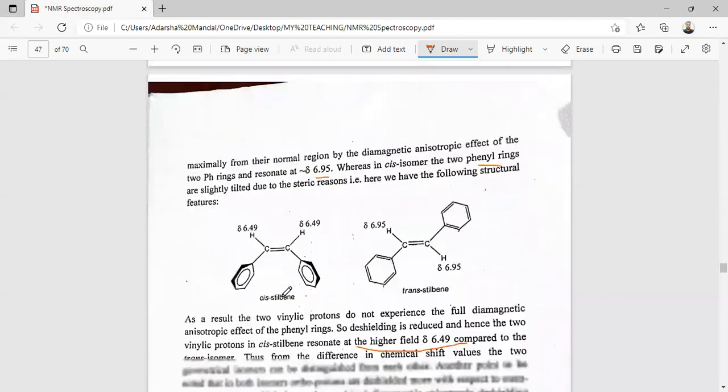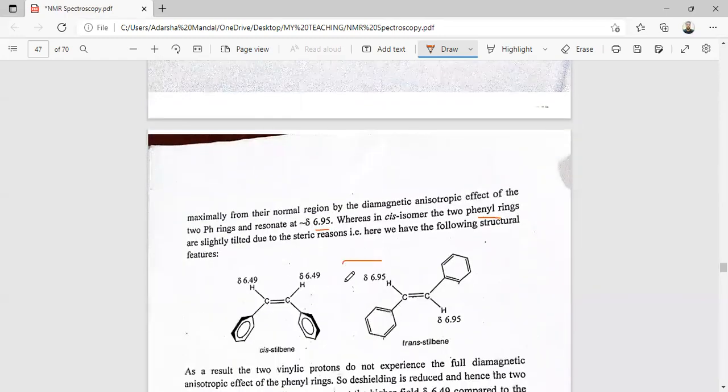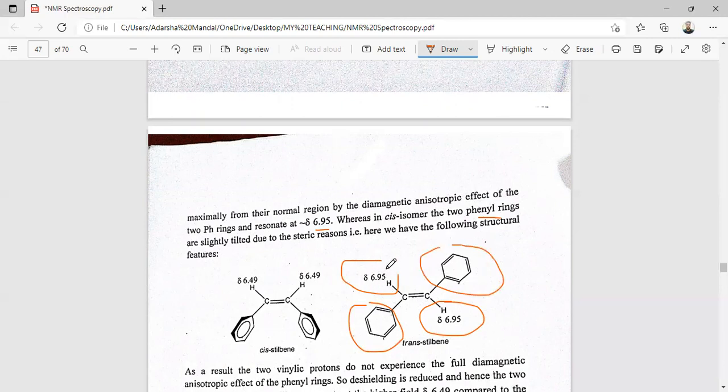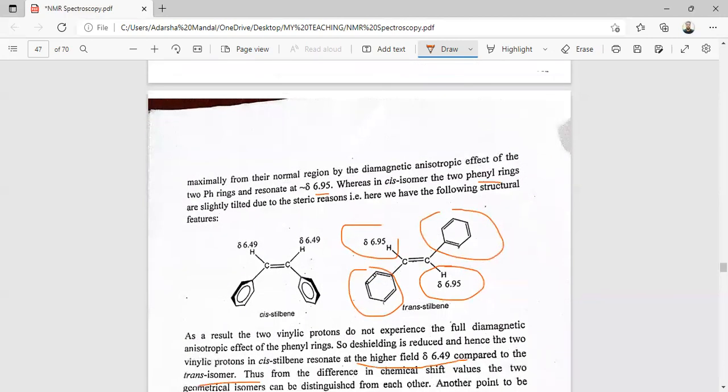So here, in cis-stilbene and trans-stilbene, the vinylic protons in trans-stilbene are more deshielded because of the combined effect of the two phenyl rings. So that's why the trans isomer has a more deshielded value. But for the cis isomer, due to the steric effect, the two phenyl rings are slightly tilted.